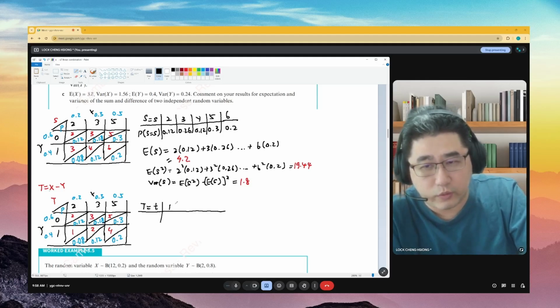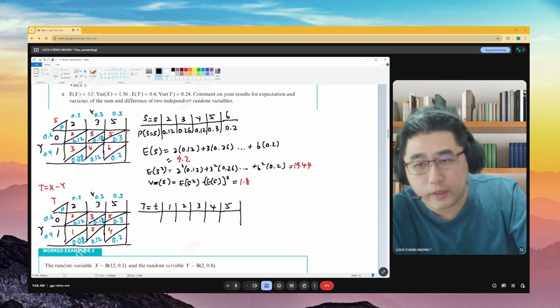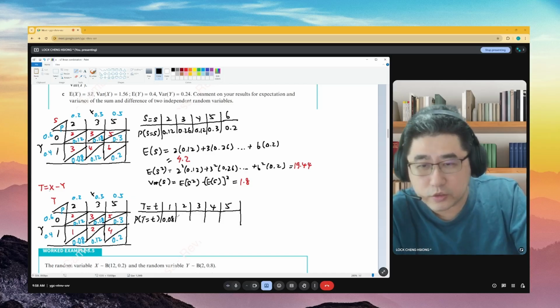So we have the values 1, 2, 3, 4, 5. And the probability of t equals to each value will be 0.08, then 0.24, this is 0.18, this is 0.2, and this is 0.3.